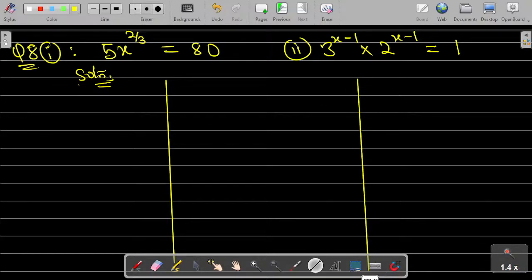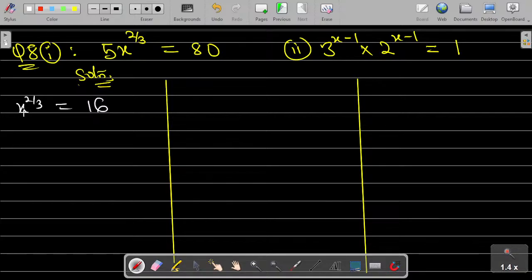If we divide both sides by 5, we have x raised to the power of 2 over 3 equals 80 over 5, which is 16. Now what's the next thing?